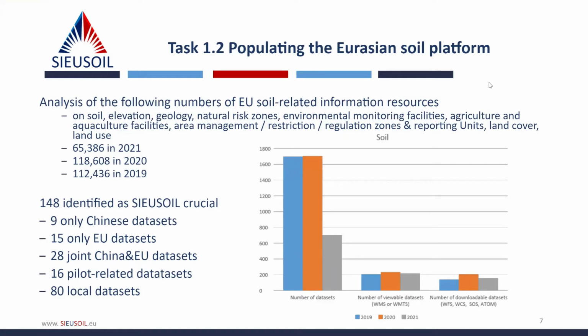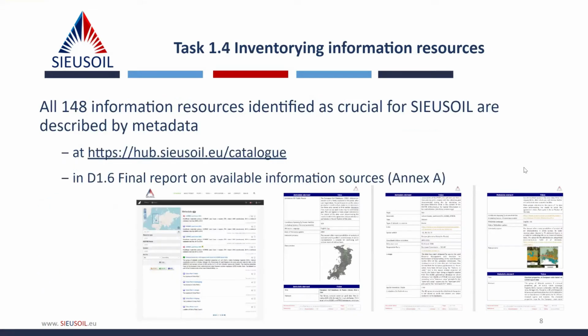It's 9 Chinese data sets, 15 European data sets, 28 joint China and European data sets, then 16 pilot-related data sets and 80 local data sets. All 148 information resources that were identified as crucial for SIEUSOIL are described by metadata and can be found in the metadata catalog MITSCA.